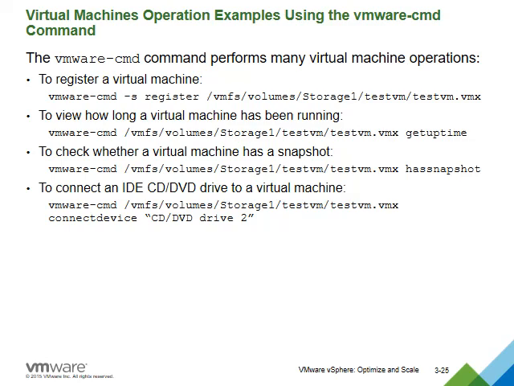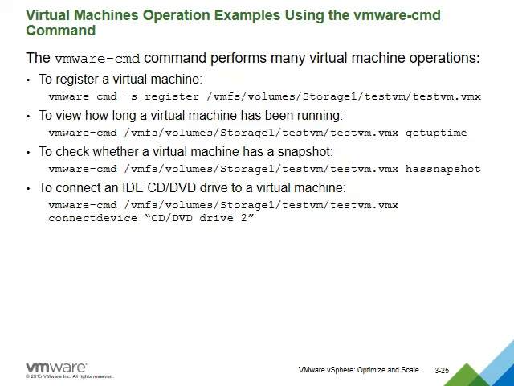Here we're going to look at some examples of using your vmware-cmd command. And one thing to note in this slide as well is when you're registering or unregistering a VM, that means you're adding the VM to the vCenter server system or your ESXi inventory, or removing the virtual machine. Now, if you register a VM with a vCenter server system and then remove it from the ESXi host, what we call an orphan VM is the result.